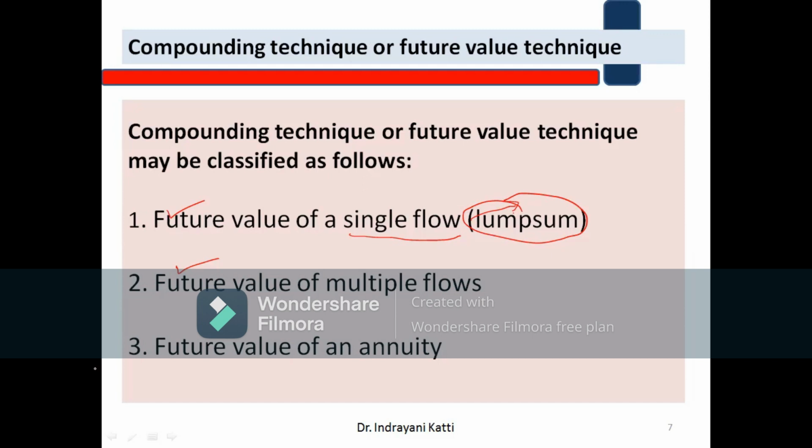The third one is future value of an annuity. Annuity is a series of amounts that are the same for all the years. If I go on investing 1 lakh every year, the same amount, that is known as an annuity.